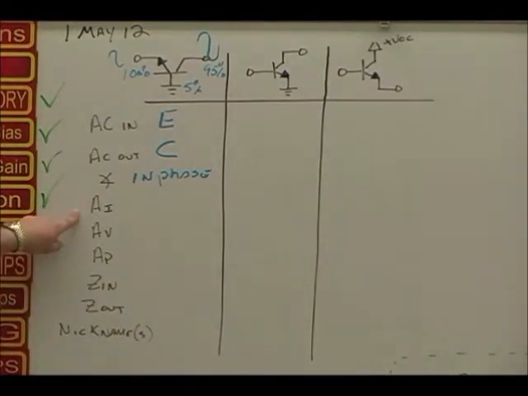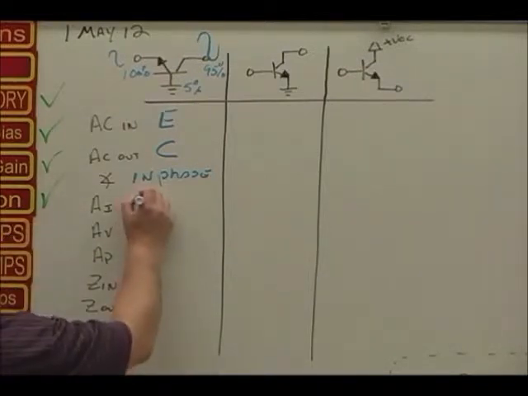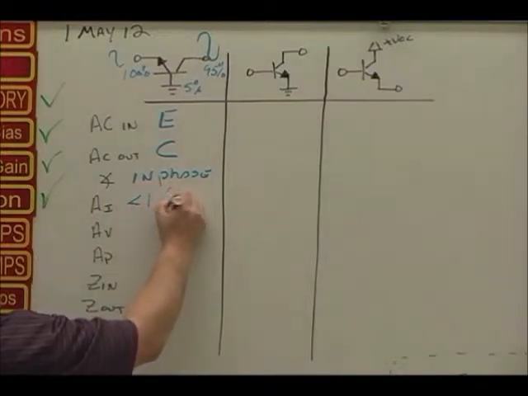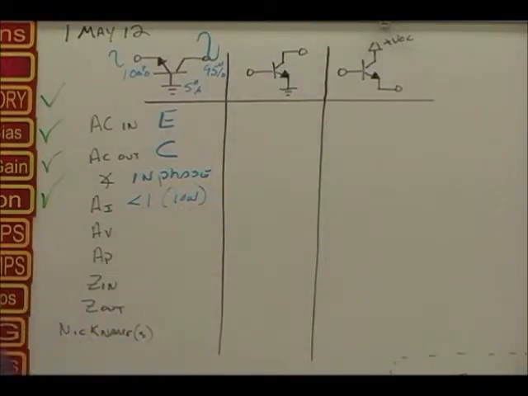So current gain, if we're taking our output at the collector, well, 95 is less than 100%, so the current gain must be low. Make sense? Or less than 1. Don't forget, less than 1, low, it's the same stuff. And there are some clues I'm going to give you later. Just a reminder, you can tell if it's this, if the output's like this, or the input's like that.